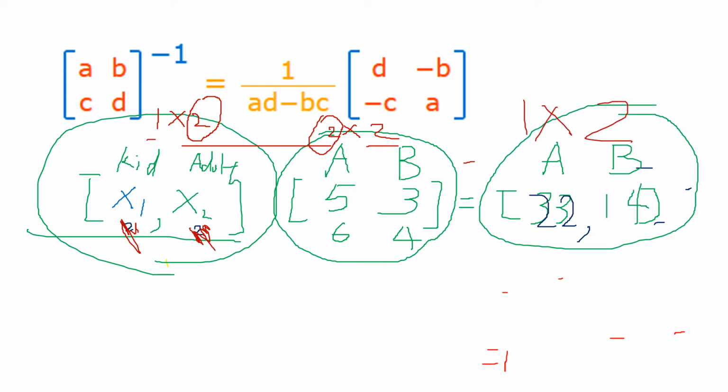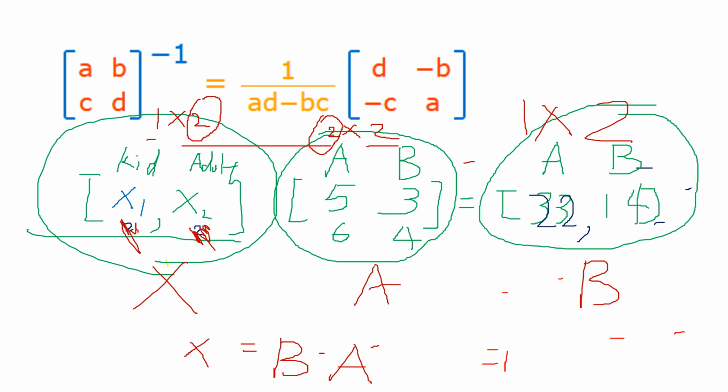Now, if this matrix is X, this matrix is A, and this matrix is B, we have already mentioned that X is equal to B multiplied by the inverse of A. So you can use this formula.